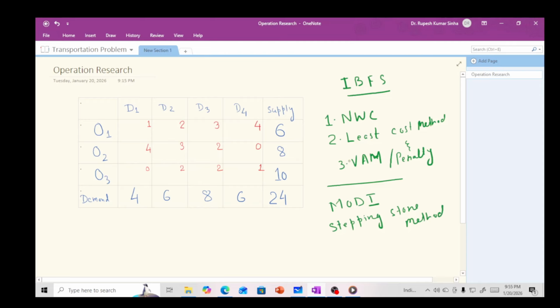So first we get the IBFS, that is the initial basic feasible solution, and next we go for the MODI method or the stepping stone method. So let us start with the northwest corner rule.